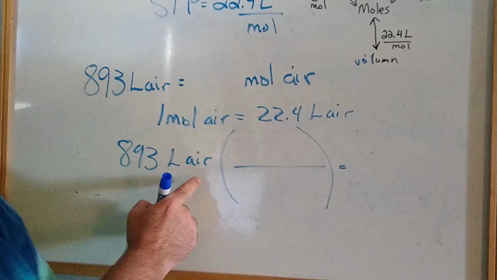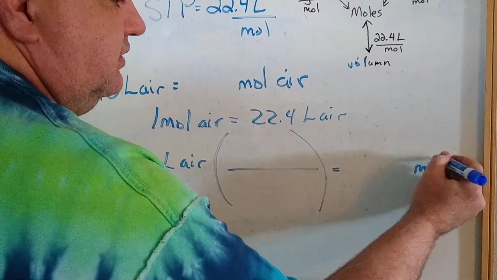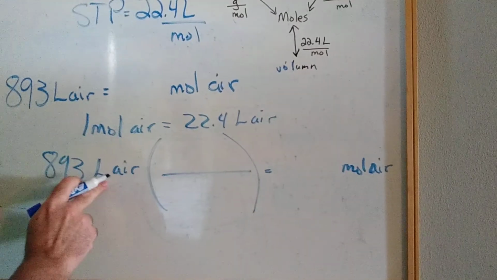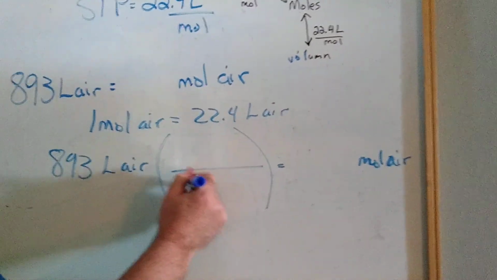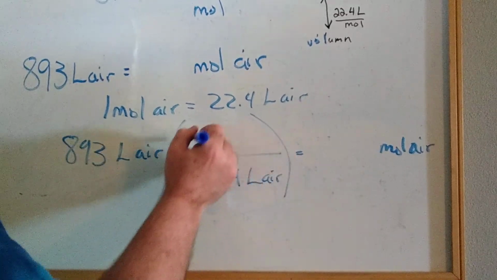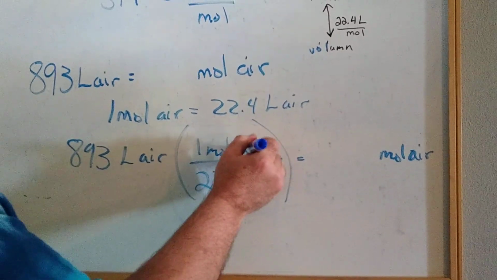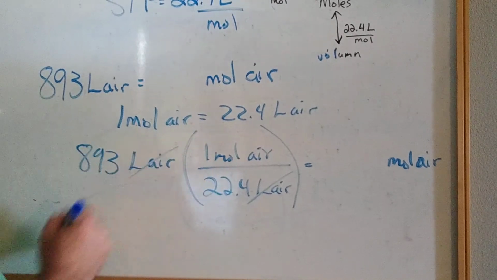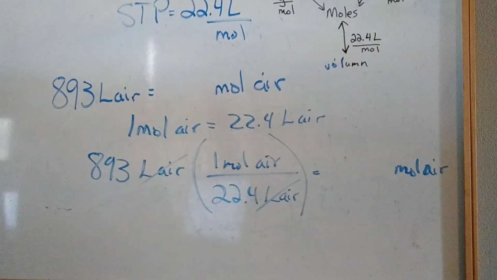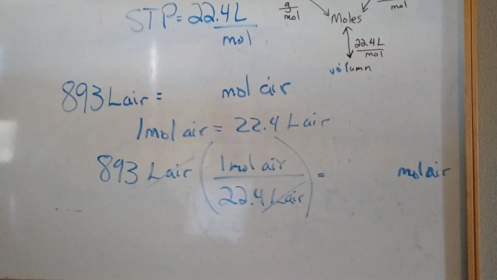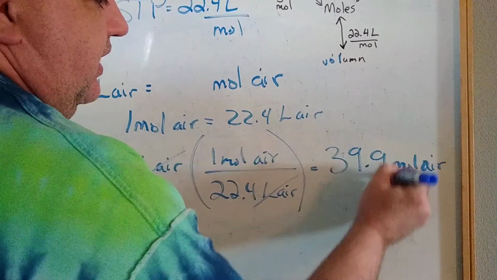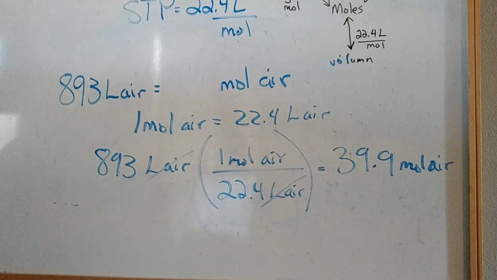This is going to be turning into moles of air. So I need to get rid of liters: 22.4 liters of air on the bottom and 1 mole of air on top. Liters cancel out. 893 divided by 22.4 is going to give us 39.9 moles of air.